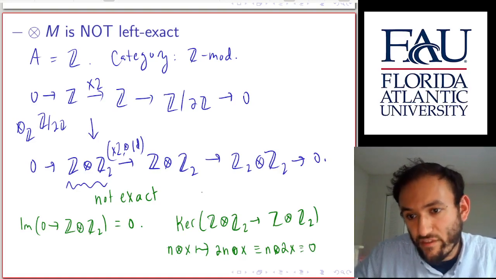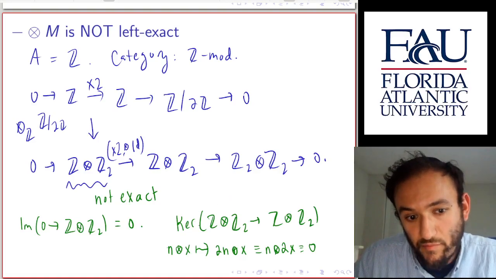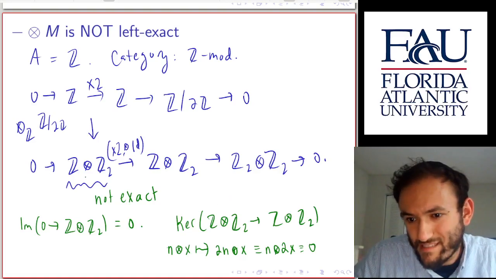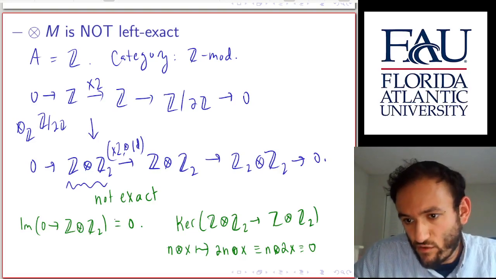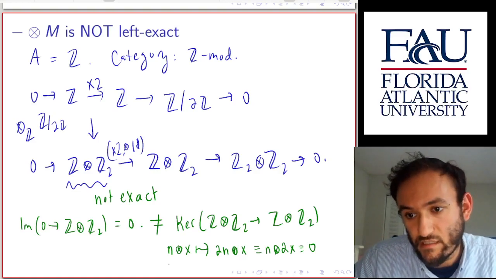So that means that everything is in the kernel of that map, but this module is not the 0 module. So these two things are not equal to each other, which means the sequence is not exact.